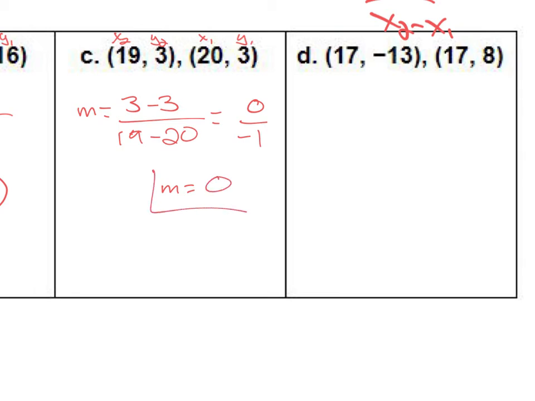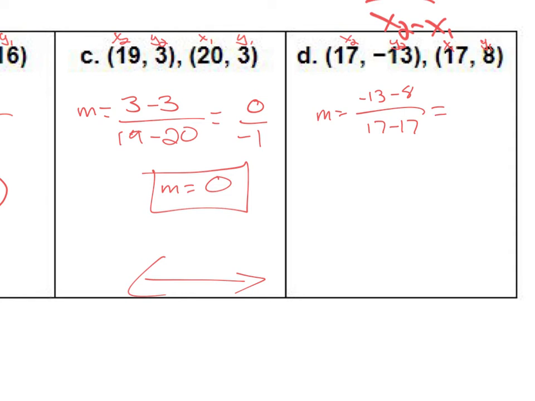So this right here is basically going to tell us that this is going to be a horizontal line with a slope of 0. If we look at this last example, again, x2, y2, x1, y1. What we're going to be looking at, plug those in. So now we got a -13 minus 8, 17 minus 17.